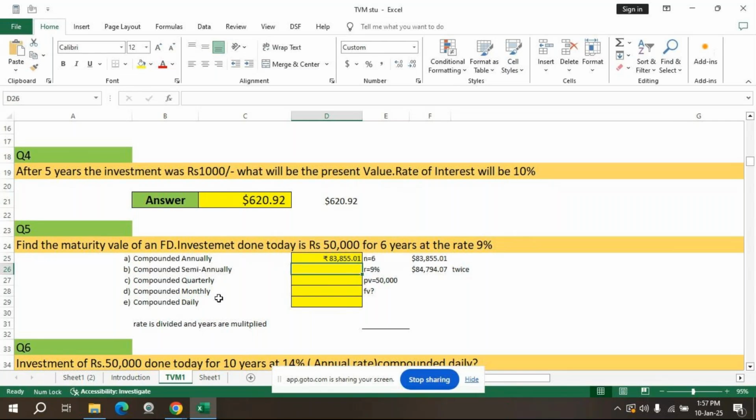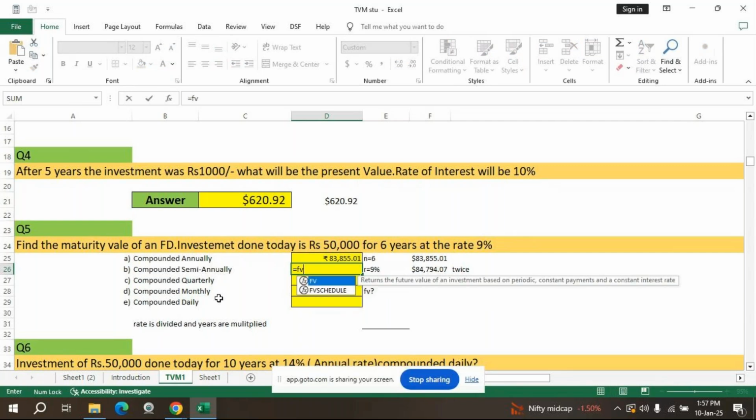Then semi annually. So it is equal to FV open bracket. The rate has to be divided by 2.